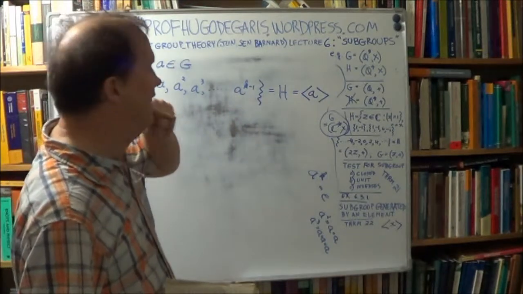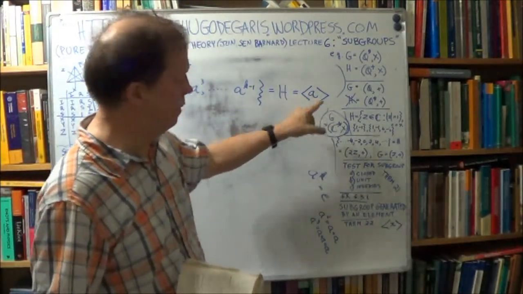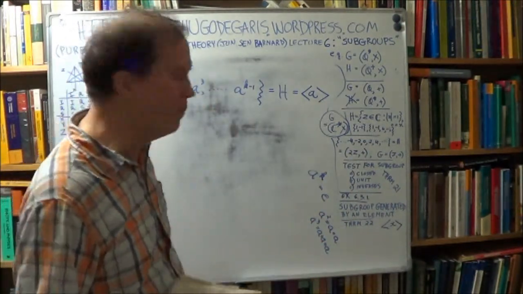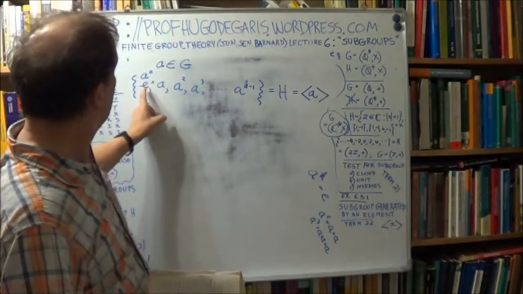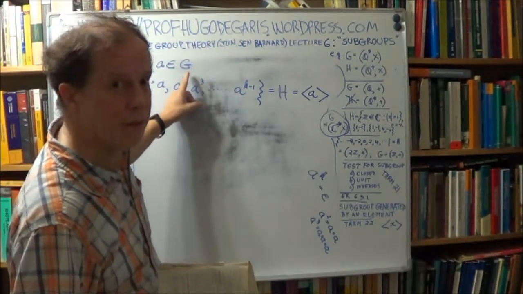Now, I suppose first thing, let's prove that this set here is a subset of G. Is that sort of obvious to you? Now G is closed, right? It's a group, right? So it has to have closure.